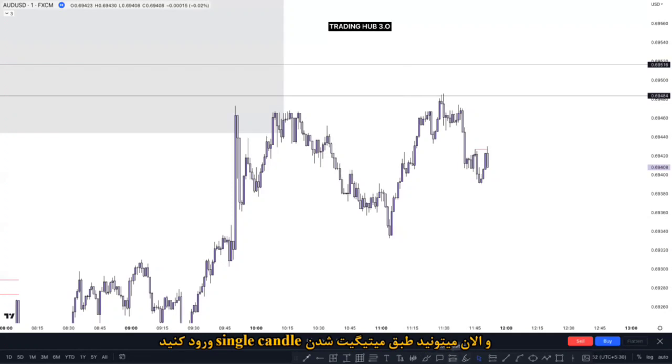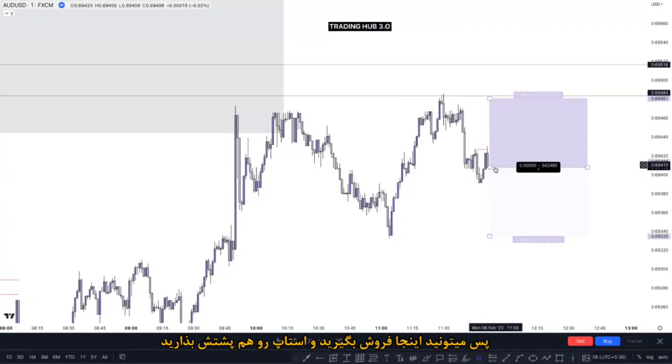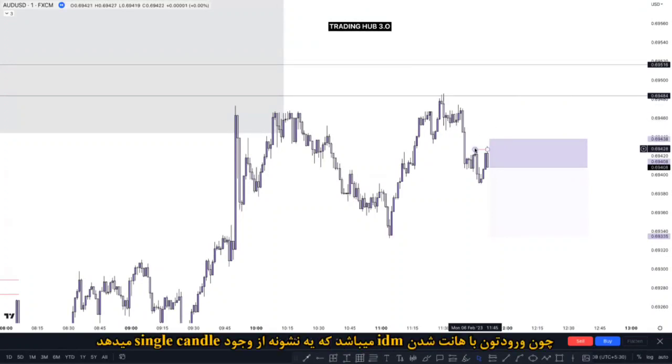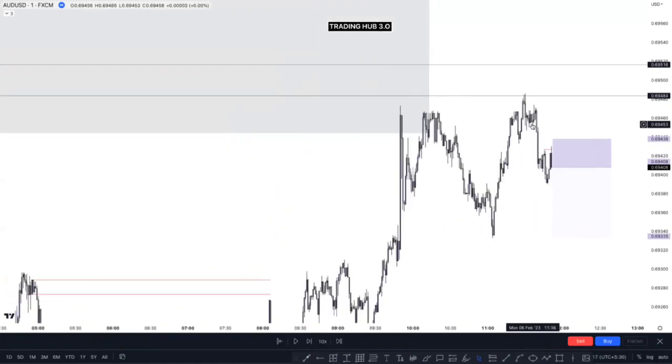based on a single candle mitigation based entry, right? So how can you deal with this situation? You can simply sell here, and put the stop loss just above it, right? And remember one thing, this is our decisional entry. Why? Because you are playing the taken out inducement, because this candle closed below it, and this is an indication based on the single candle mitigation, right?